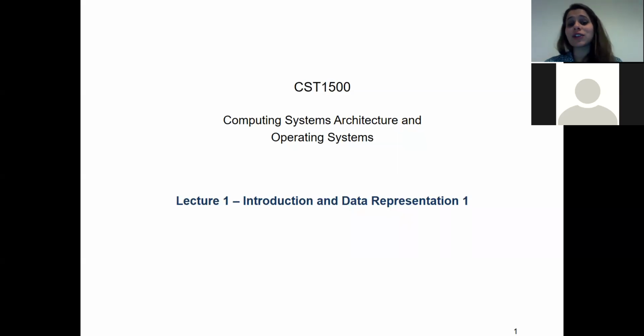So the first lecture is Introduction and Data Representation 1. We said that in this module, you will be studying the hardware and the operating system.